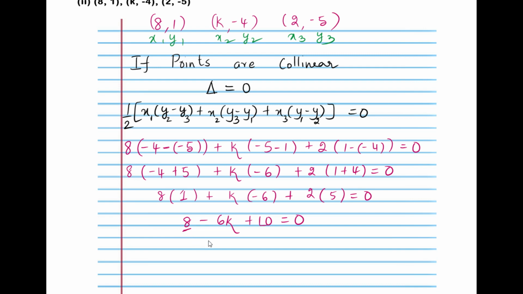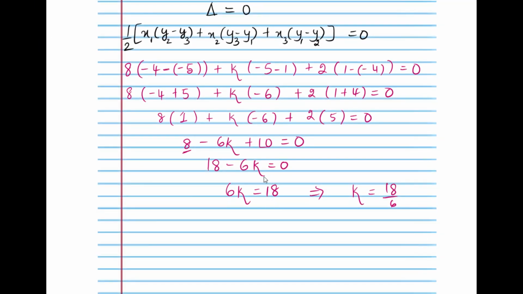Plus 8 plus 10 is 18, minus 6k equals 0. Shift minus 6k to RHS, we get plus 6k, therefore 6k equals 18. This implies k equals 18 divided by 6.